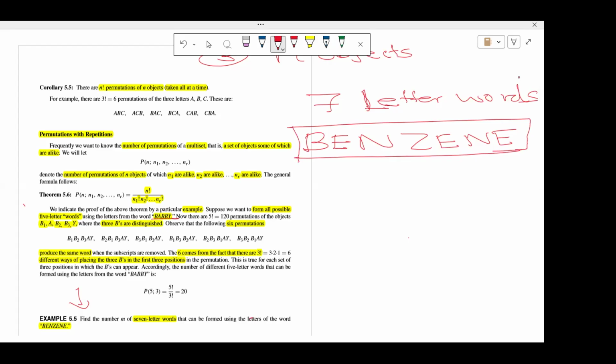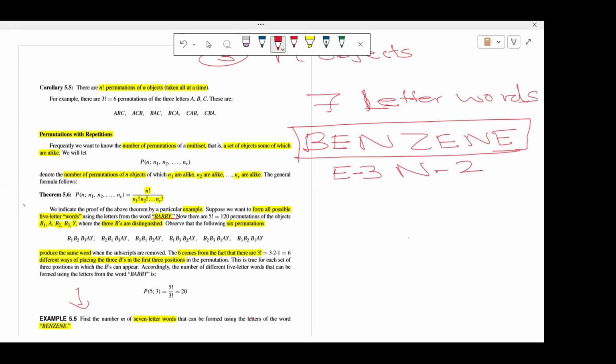We need to find out how many letters are duplicating. Here we have only one B, but how many E's? One, two, three E's. How many N's? One, two N's. Others are unique, one B, one Z.